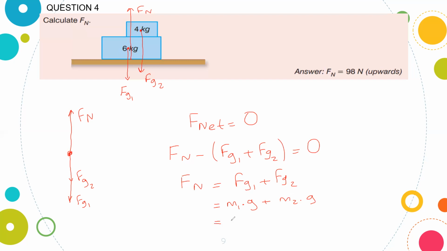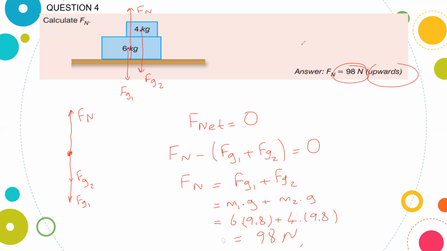So let's see, m1, what was it? 6. 6 times 9.8 plus 4 times 9.8. And then you can calculate it, 98 newtons, direction already here. Yes, 98 newtons upwards, done. This is our question 4.